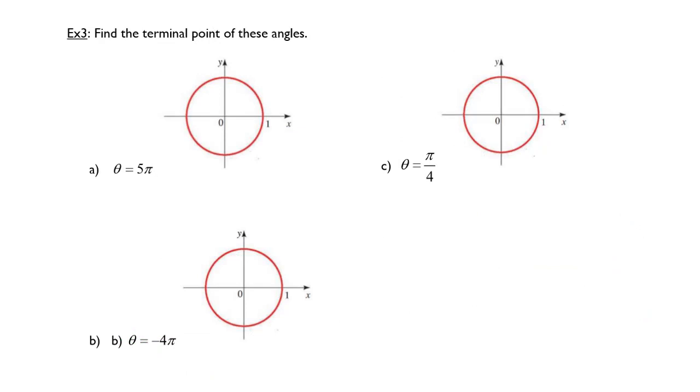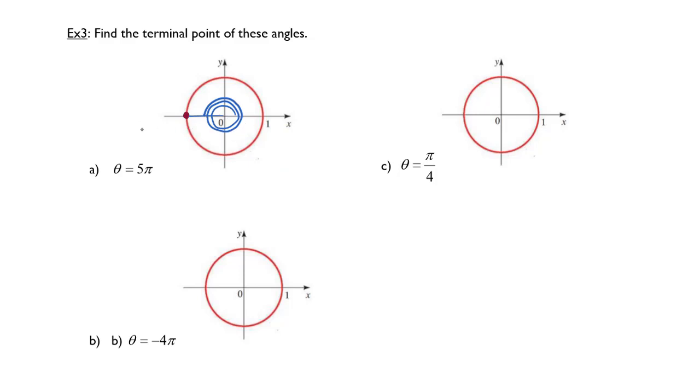In the last little bit of this section, we're asked to find the terminal point of these angles. In the first one, we have 5 pi. If I were to keep track of the rotations for the terminal ray, I would have 1, 2, 3, 4, 5 pi. 5 pi is along the negative x-axis, with terminal point on the left side of the origin.